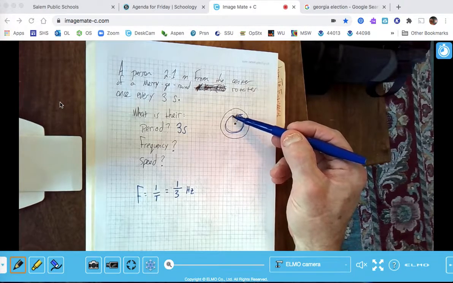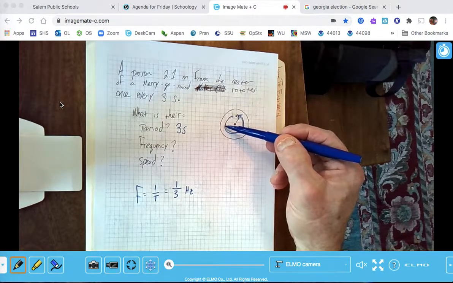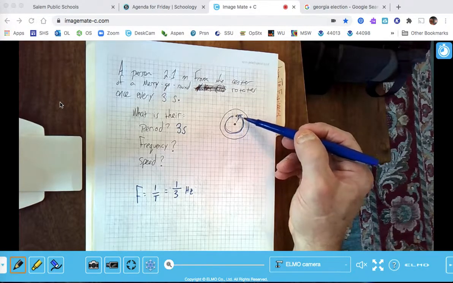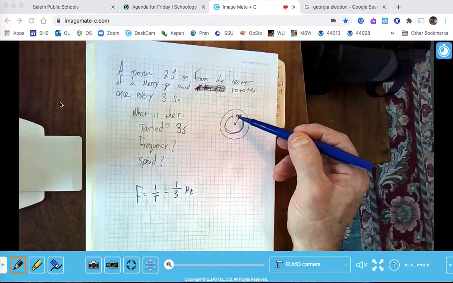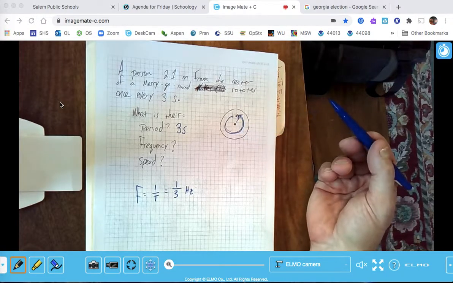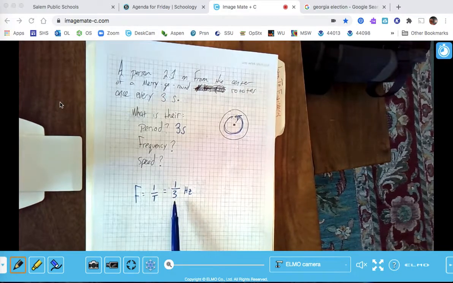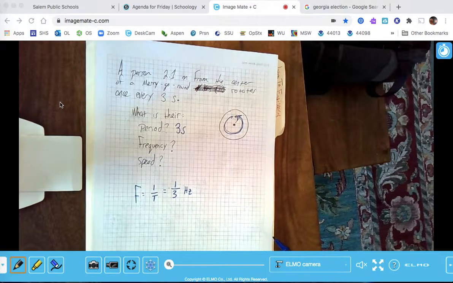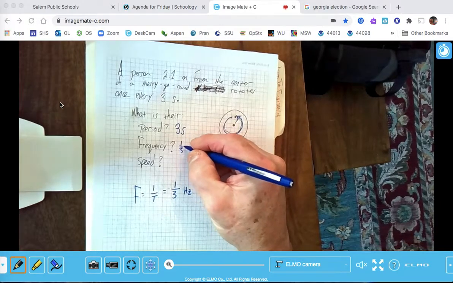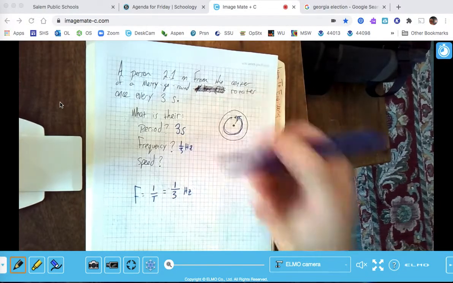It goes 1/3 of the way each second. 1/3, 2/3, 3/3, so after 3 of those, it's gone through 1 full rotation. So what's the frequency? It's 1/3. It's 1 over the period.